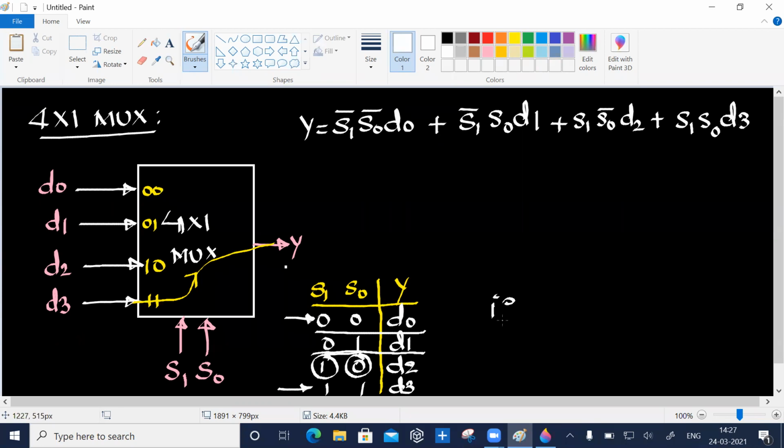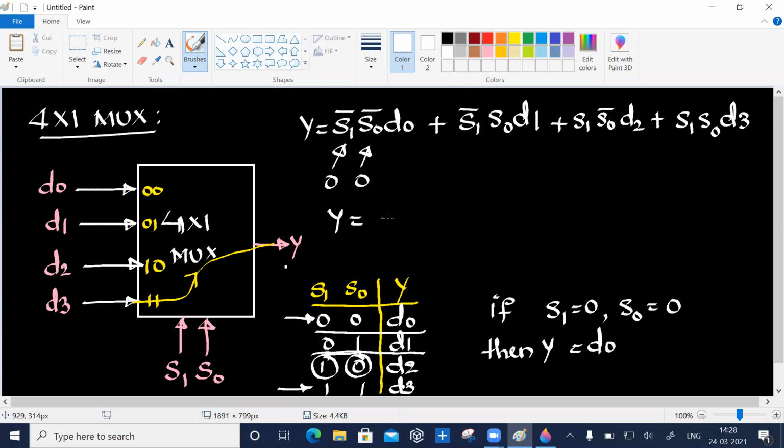Now you can check. If S1 equal to 0 and S0 equal to 0, then Y must be D naught. Just put 0 0 here. Now both are complemented. Y is equal to D naught plus this becomes 0, 0, 0.